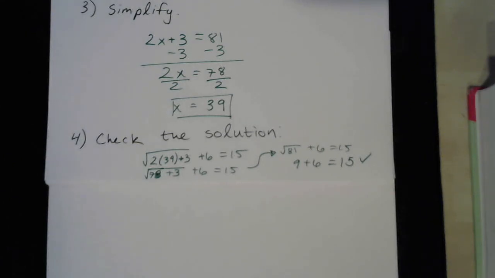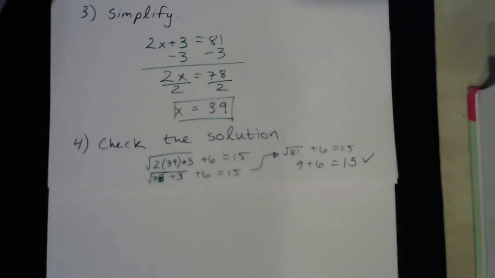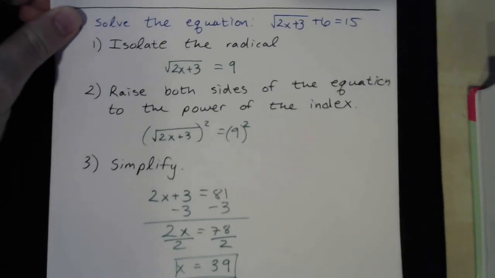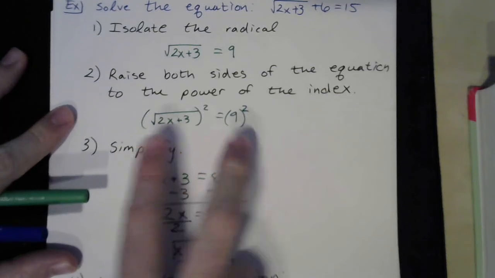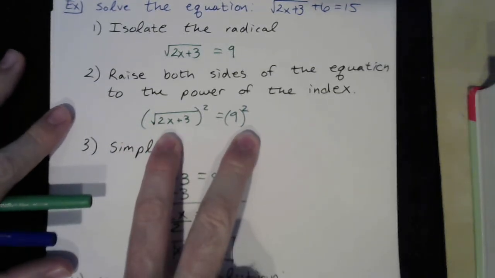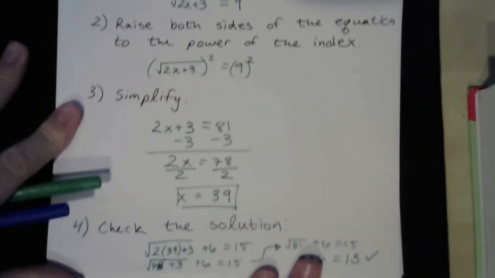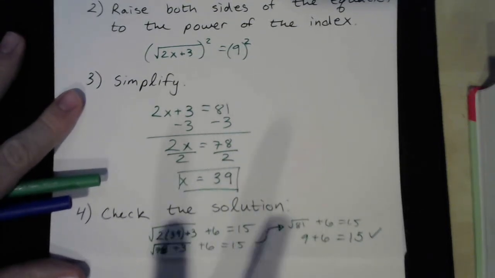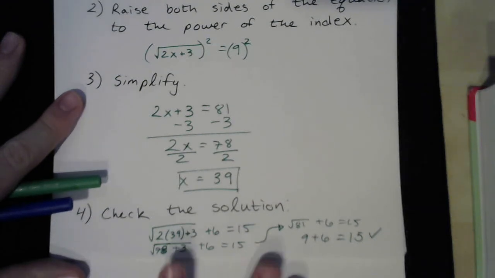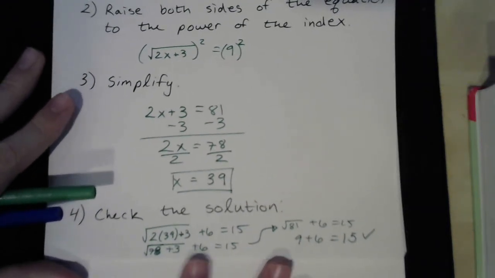So these are the steps that you want to be following. No matter what index radical you have, you want to start by isolating your radical, then raise both sides by whatever your index number is. Once you've done that, you're simplifying until you get to a solution, then you have to go back and check. You just have to. There are going to be what we call extraneous solutions, just like we saw with systems of equations.